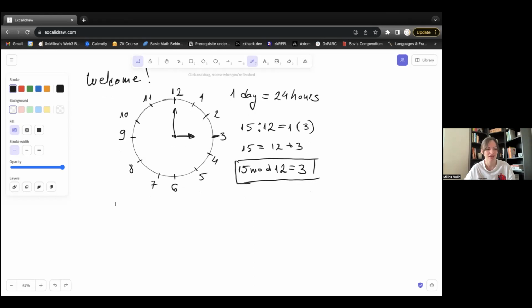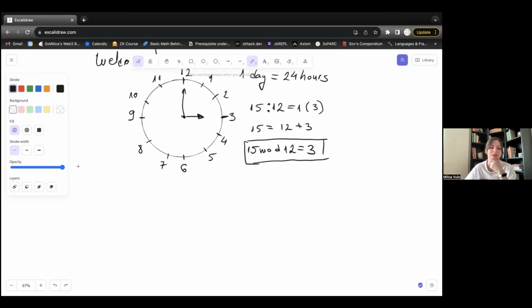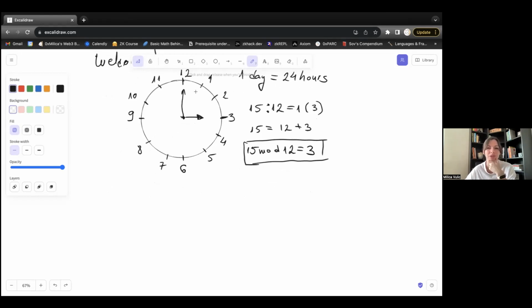Let's make another example. Why is modulus important? Because if we would add 12 more to this, like 15 plus 12, it will go to 27.